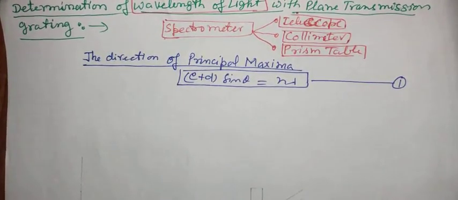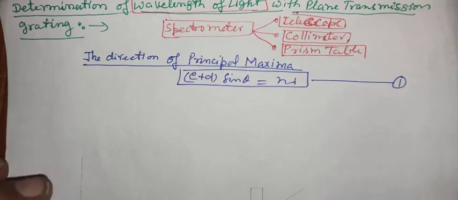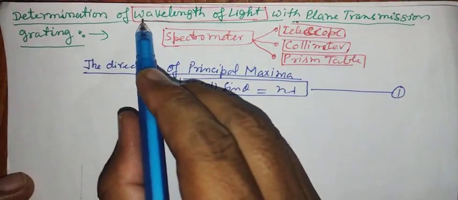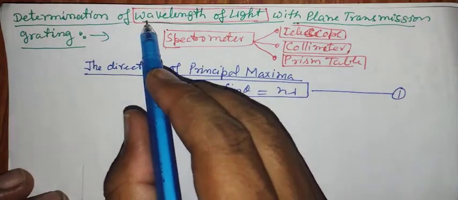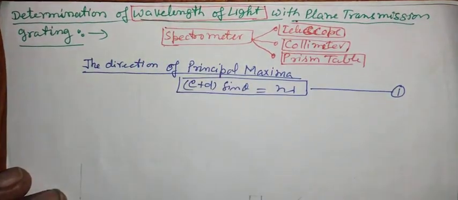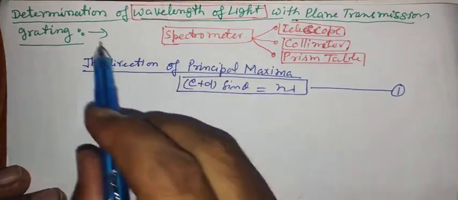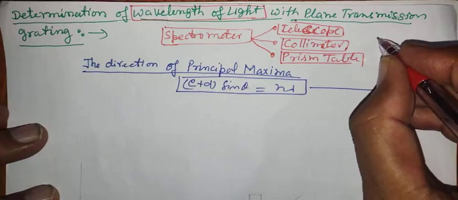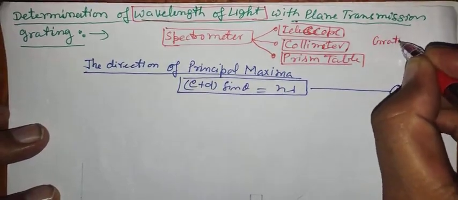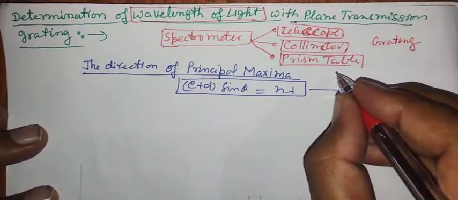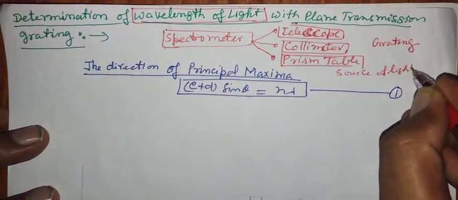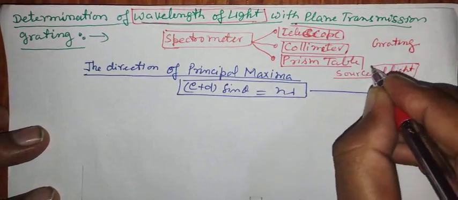So this formula is used to determine the main objective, that is, the wavelength of light. The apparatus required is a spectrometer, a grating and a source of light.